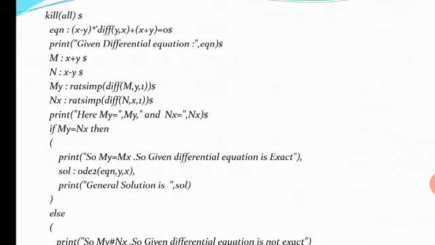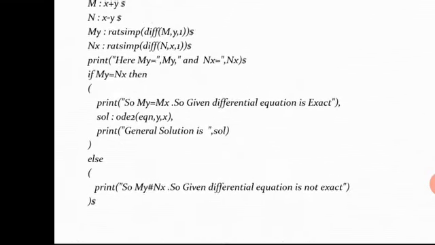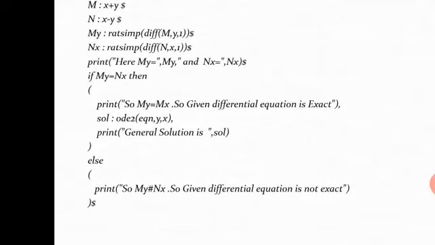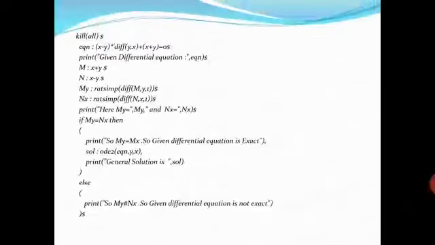Print the values. If My is equal to Nx, print the given differential equation is exact, solve that differential equation and print the solution. Else print My is not equal to Nx, so the given differential equation is not exact. This is the program.